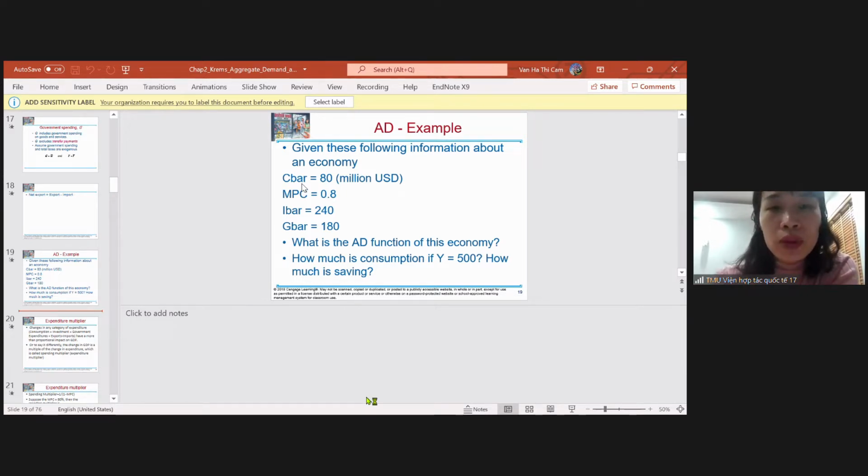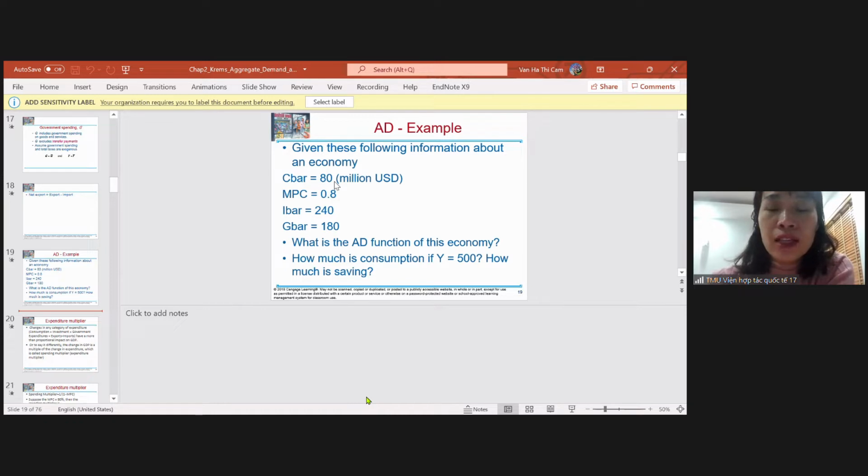So the consumption when you have no income means the consumption you spend on necessities, like housing or food or travel, things that are very basic needs for you. So even when you have no income, you still have to spend something, right?